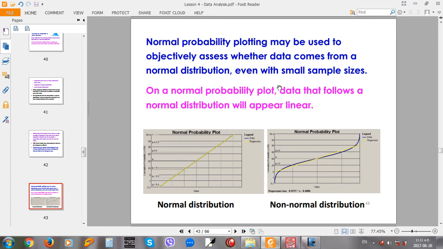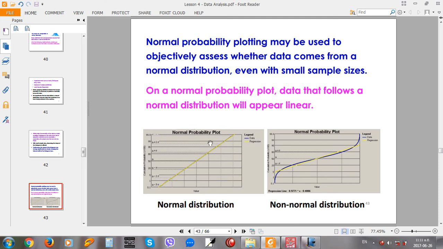Normal probability plotting may be used to objectively assess whether data comes from a normal distribution, even with small sample sizes. On a normal probability plot, data that follows the normal distribution will appear linear. If you draw the normal probability plot and the points go along a line like this, the data is normally distributed. If the data goes this other way, it is not normally distributed.